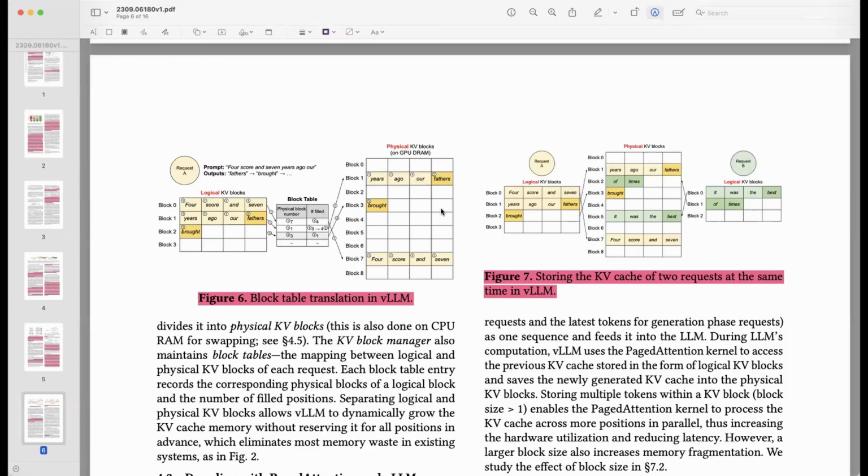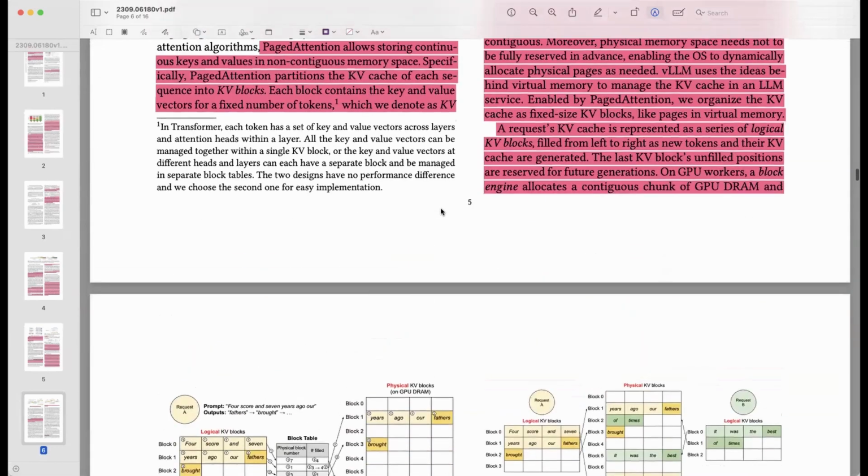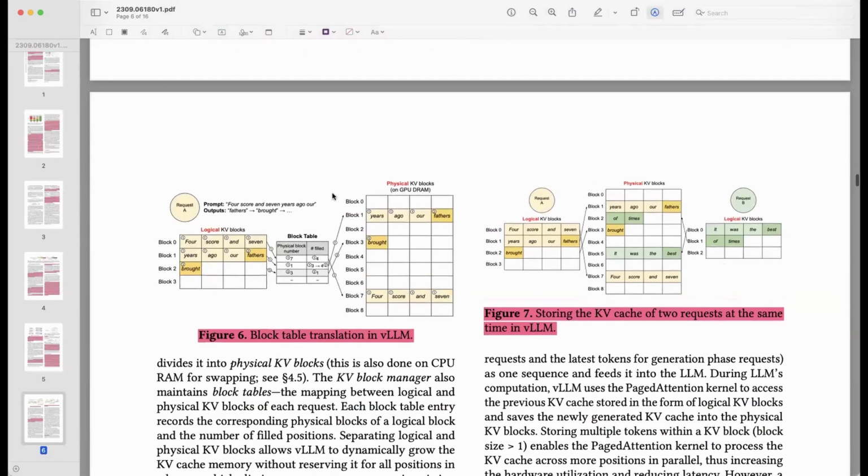But if you take too small a block size, they don't really talk about it. I wasn't able to read till the end of the appendix, but I wasn't sure if choosing too small a block size would affect performance in a way that you're jumping around the memory too much. So that part wasn't clear to me. But yeah, basically, Jerry, this answers your question.